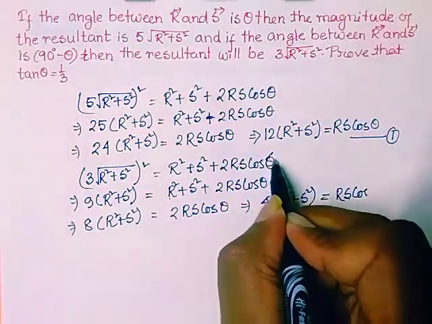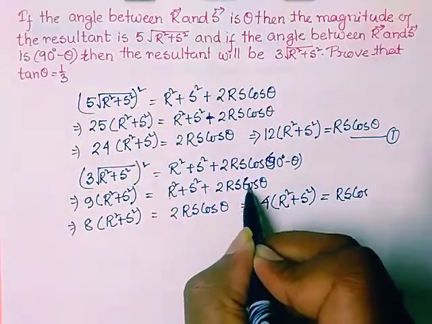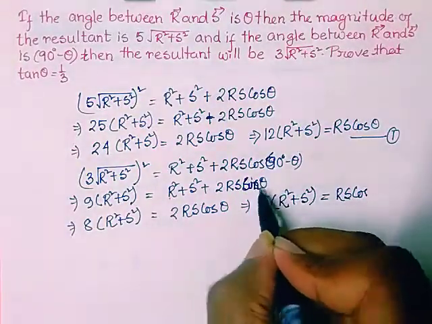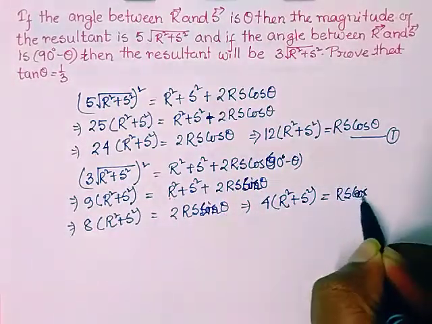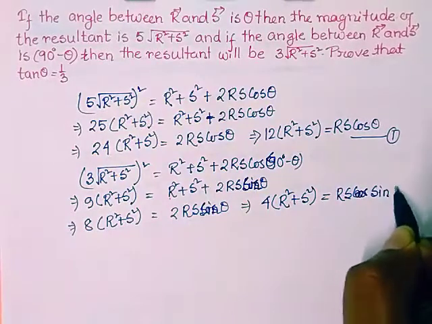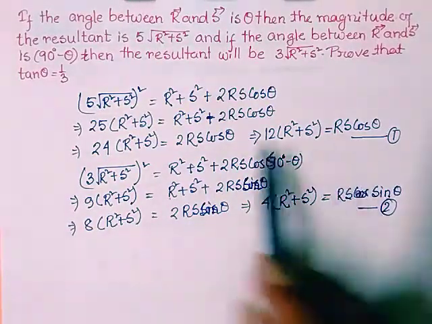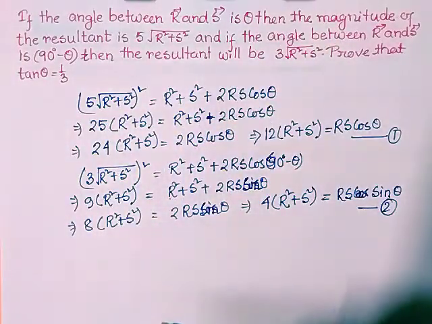Here the angle is 90 degree minus theta, so it is not the cos theta, it is sin theta. Just see, it is sin theta, so it is 4 R square plus S square equal to RS sin theta. So this is the equation 2, because this is for angle theta, and this is for 90 degree minus theta.